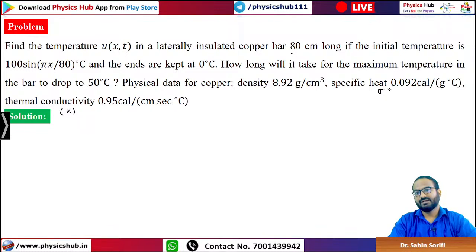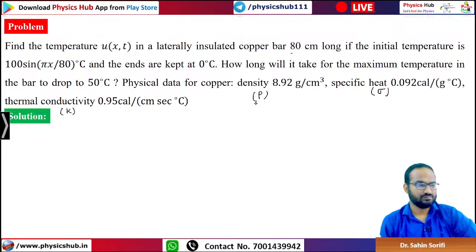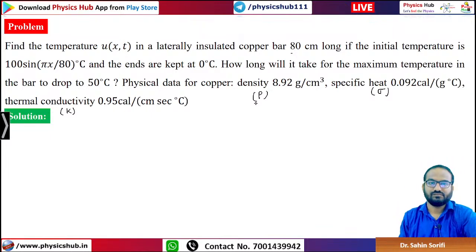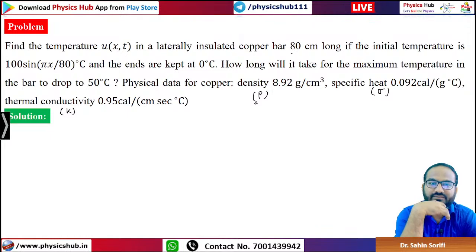Specific heat, let's say sigma, density is rho. So this is your one-dimensional heat equation.